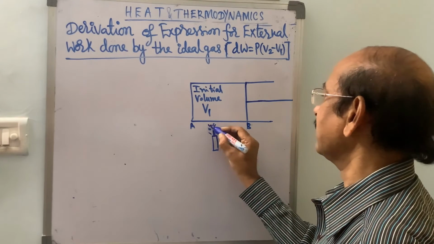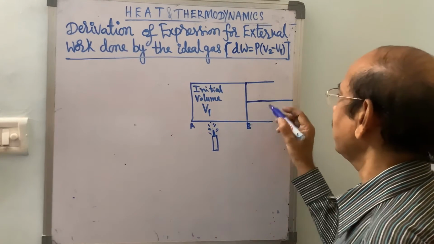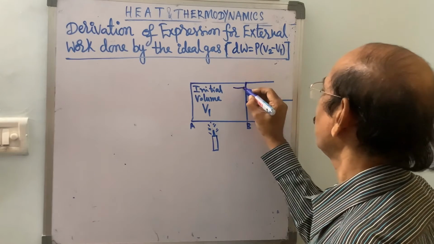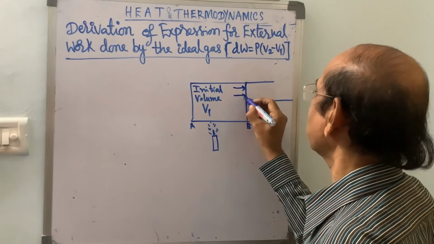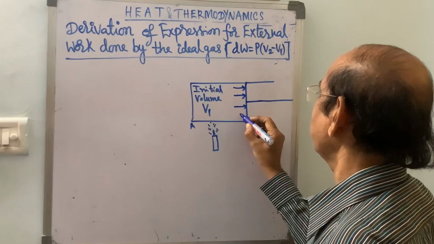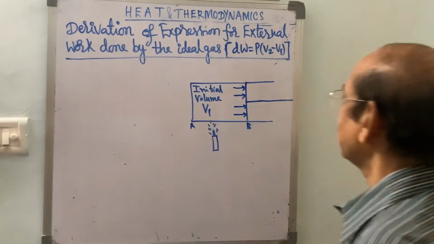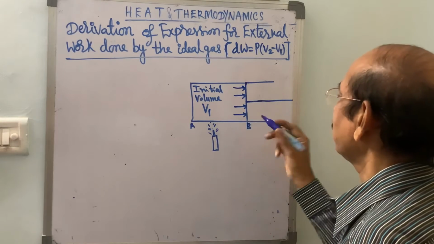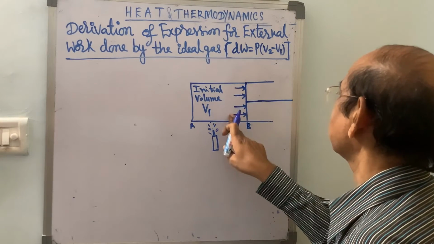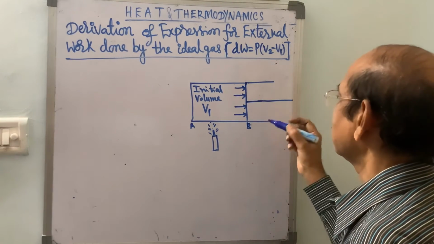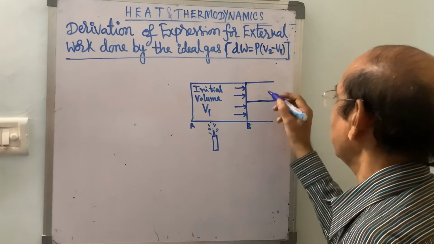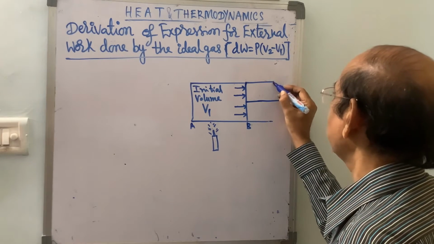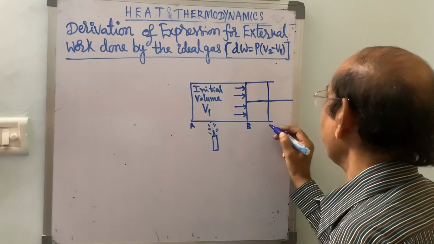When we heat the gas, then some force is acting on the piston as the molecules are moving with higher velocities. So pressure increases and so the volume here increases. So let the final volume be V2.